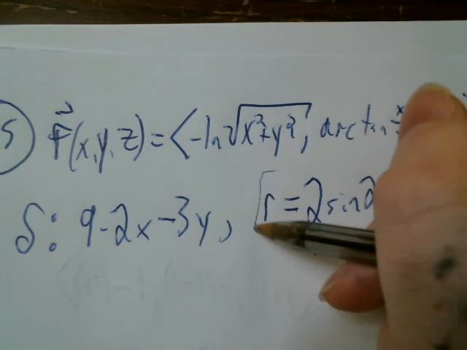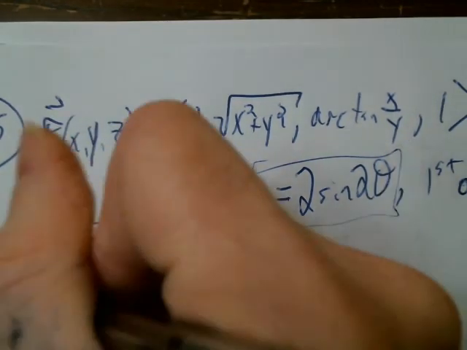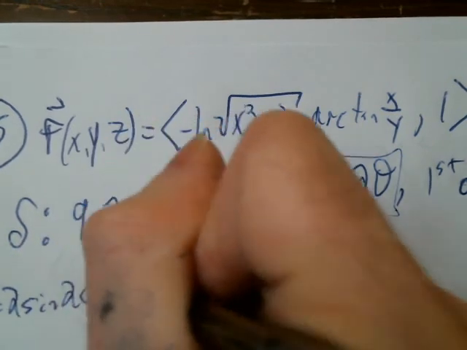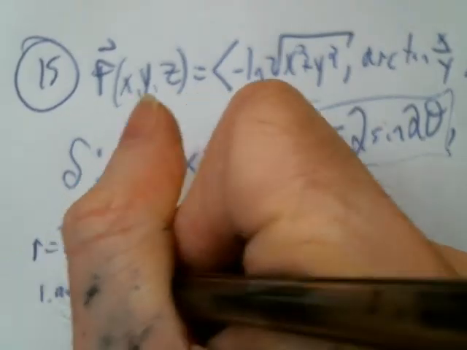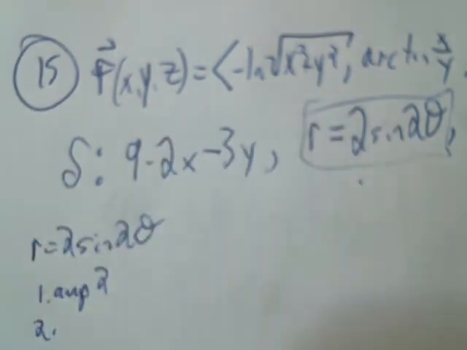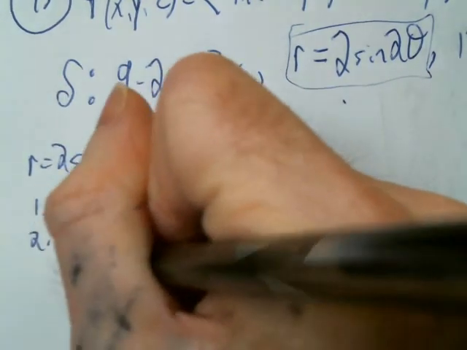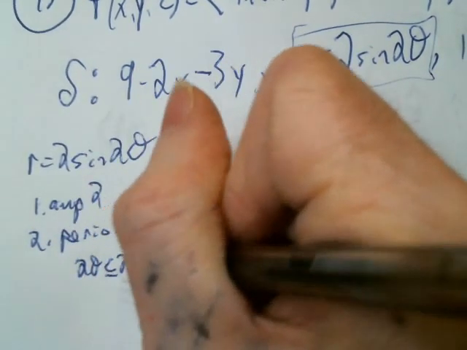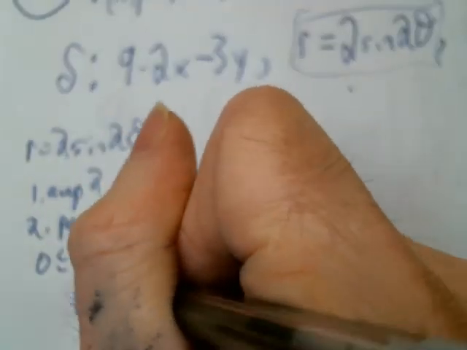So first get this thing drawn. r equals 2 sine of 2 theta. Here the amplitude is 2, and then I'll go after the period. So 2 theta in between 2 pi and 0, divide by 2.